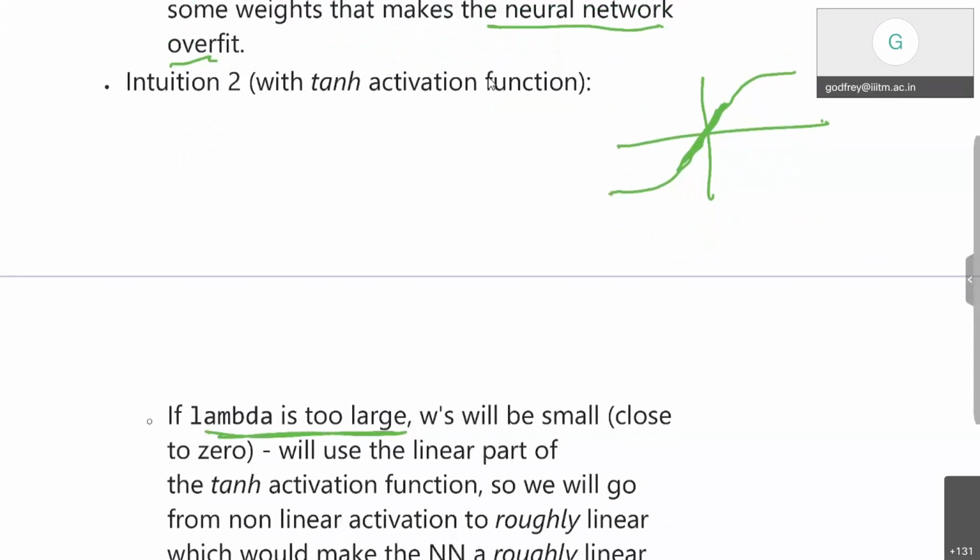So if W is too small, Z will be too small, and then you may have the activation values that may be within this range.